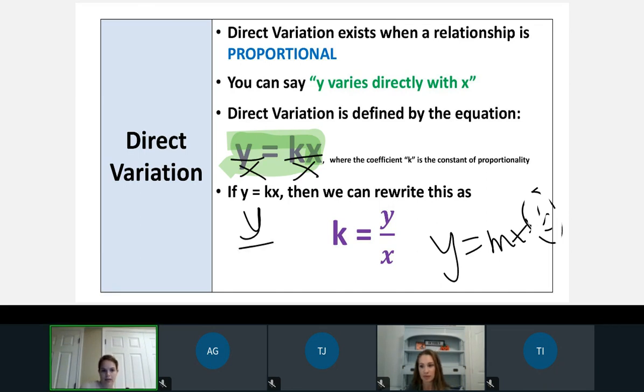And that's how I would get y divided by x equals k, which is what we have down here. So this is the same equation. It's just represented differently.